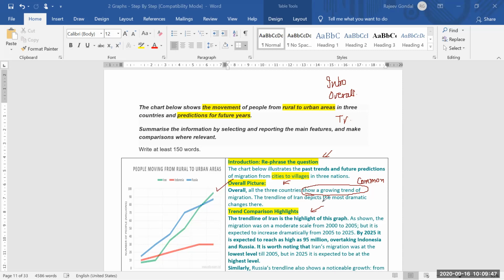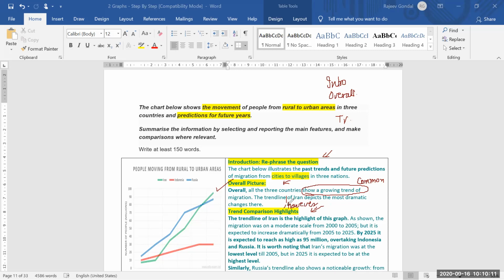The trend line of Iran depicts the most dramatic changes. You can write it like that also: the trend line of Iran, however, and when you write however, you can put it in between two commas. So it's like a highlighter, right?